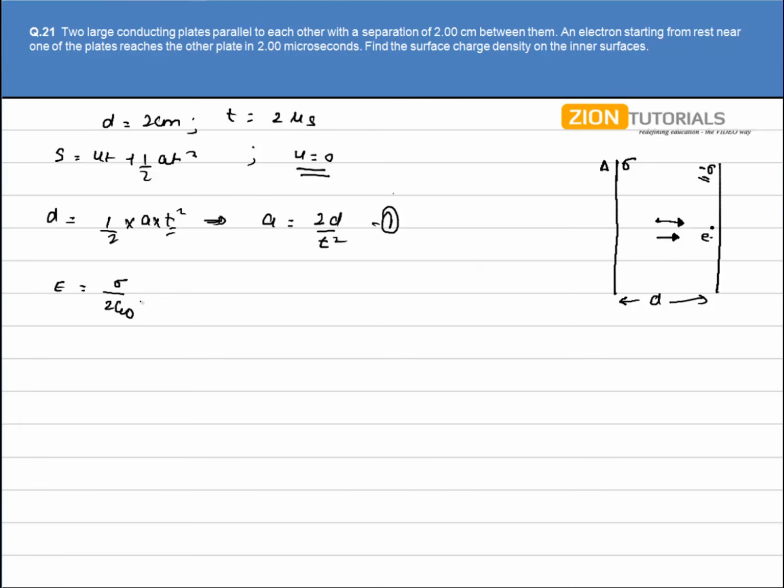So the net electric field in this direction is sigma by 2 epsilon naught plus sigma by 2 epsilon naught. That comes out to be sigma by epsilon naught.